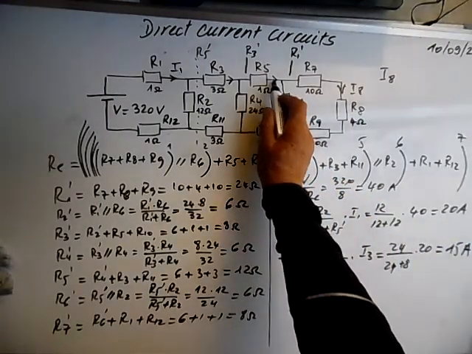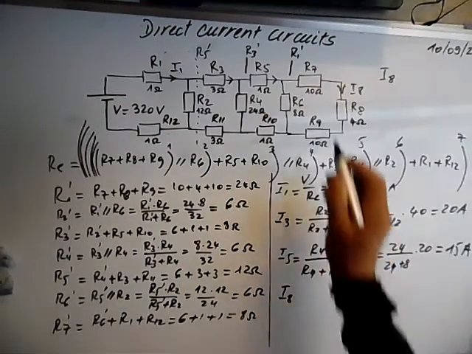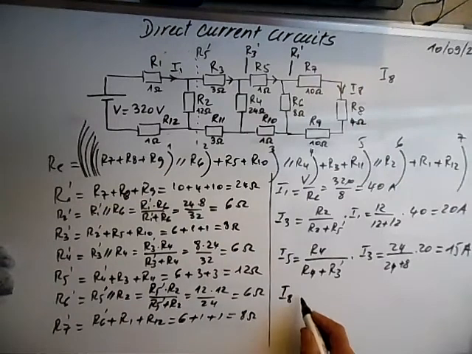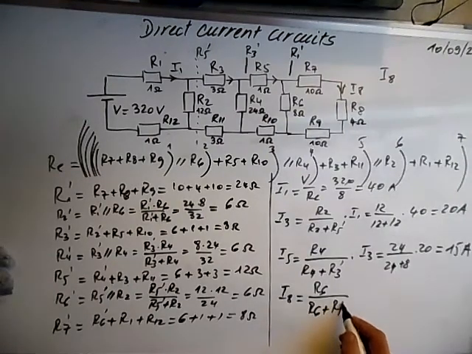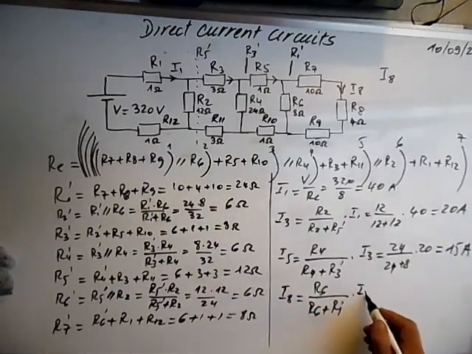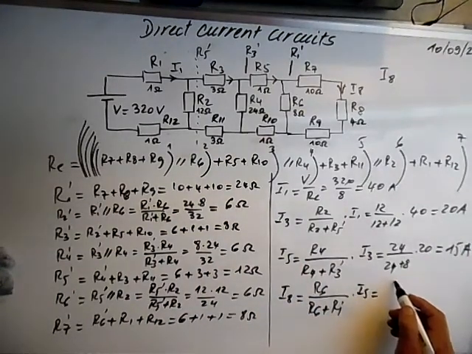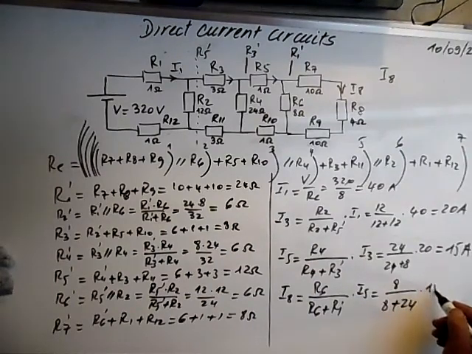Knowing I5, we can calculate I8, which is equal to I7 and I9, and it's equal to R6 over R6 plus R1 prime times the current that flows here, which is this one. R6 is 8 over 8 plus R1 prime, 24 times 15, and this is equal to 3 amps.